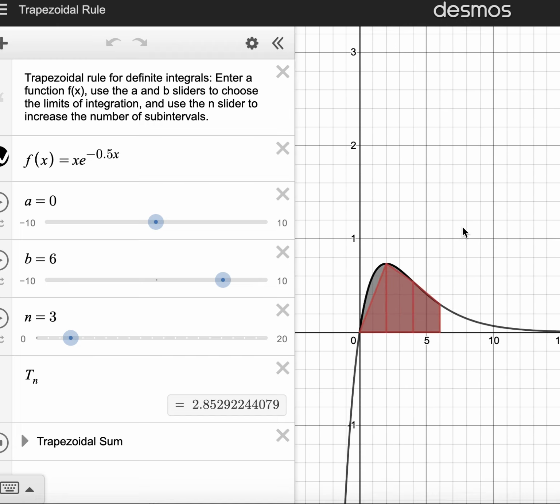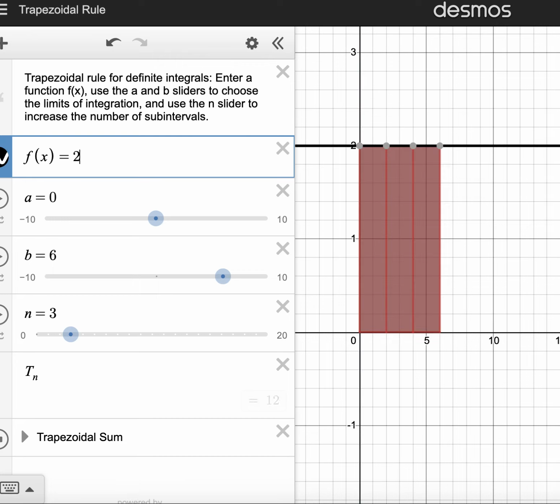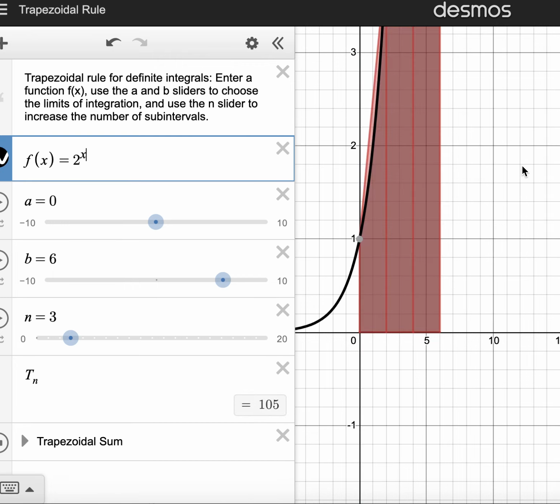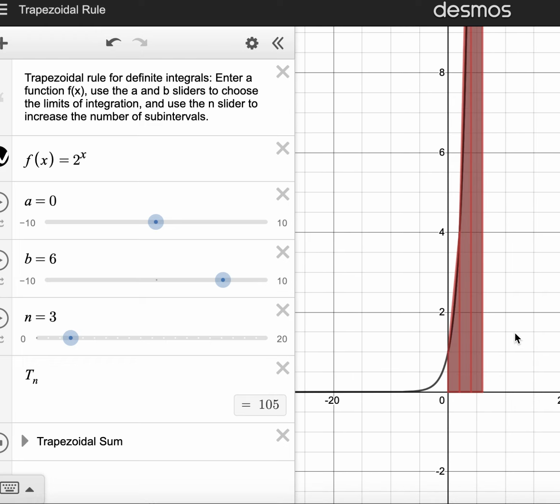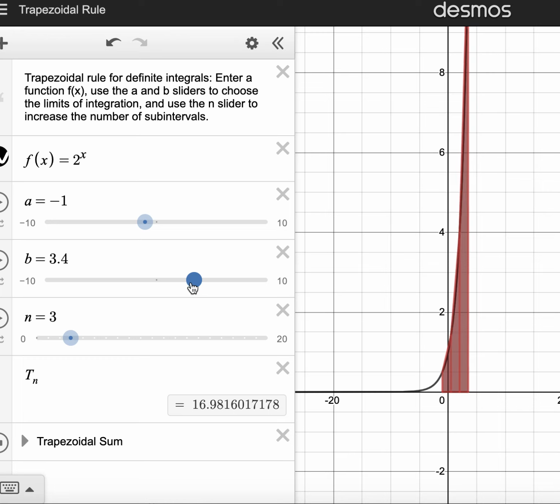It's got an example already plugged in, but we want to use our function, which was 2 to the x. Okay. Let's go from -1 to 3, just like our integral was. And let's let the number of trapezoids be 4.